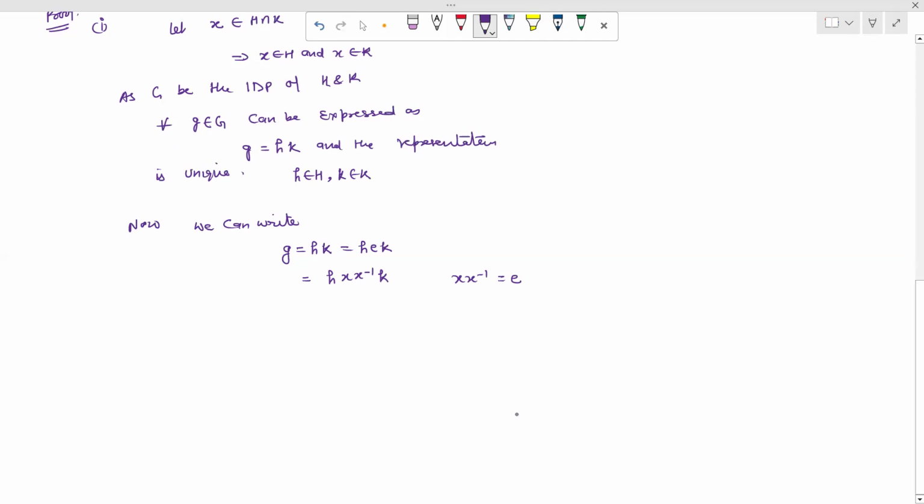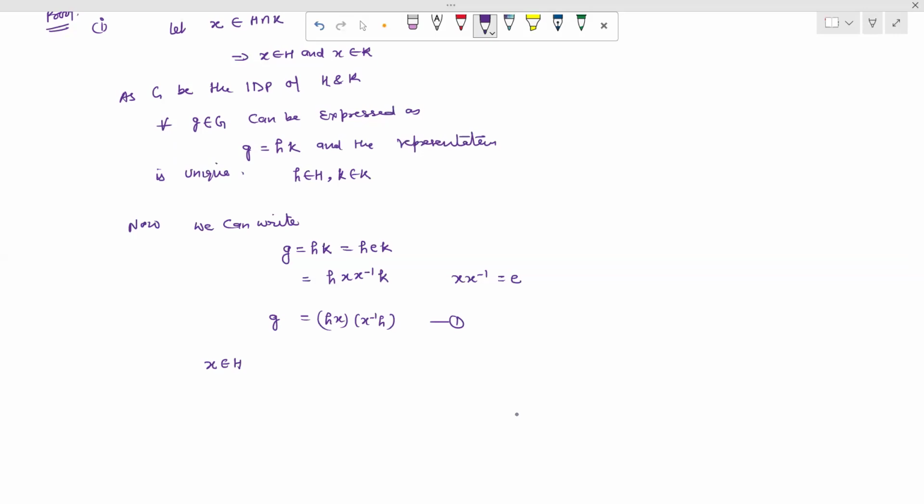So identity e can be written in this form. Now we can write this first as hx, and second as x inverse into k. We consider this as equation number 1. Now x belongs to H, and x is the element we have already considered which belongs to both H and K.